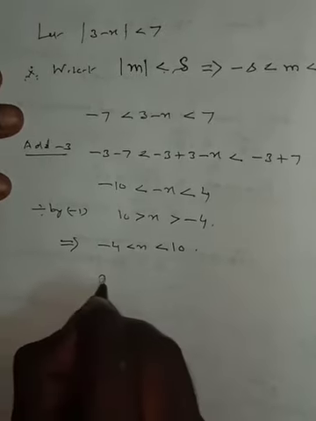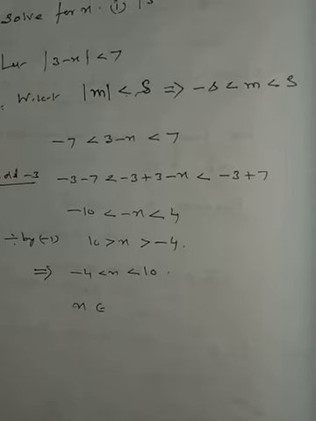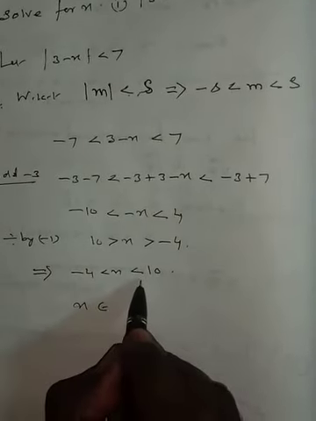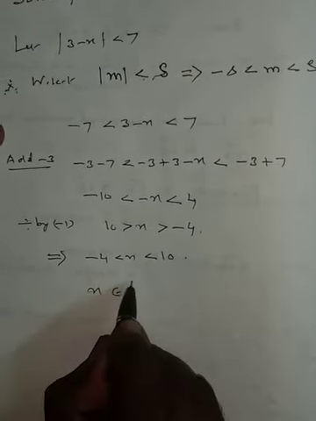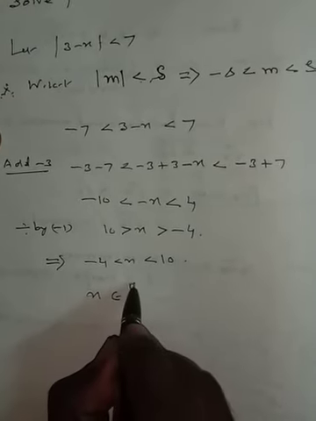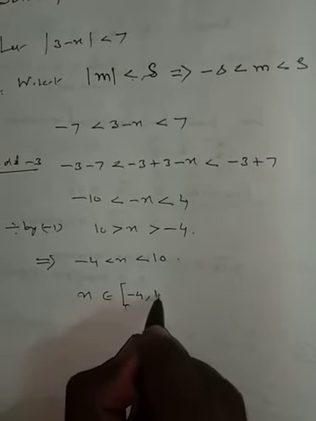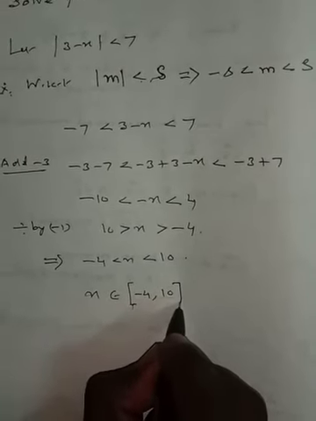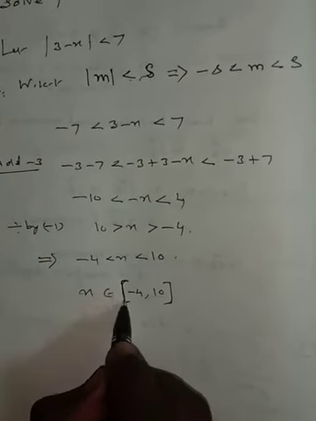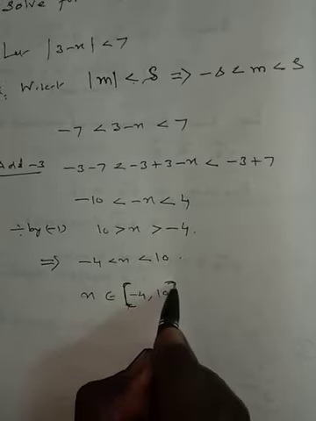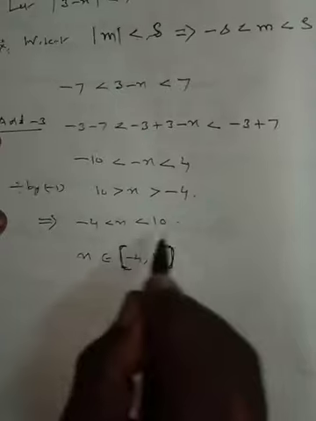This means x belongs to, suppose less than or equal to is given, then a closed interval will be taken. In this case it is strictly less than. Therefore, the interval minus 4 comma 10 is an open interval.